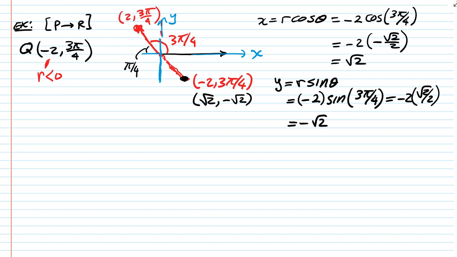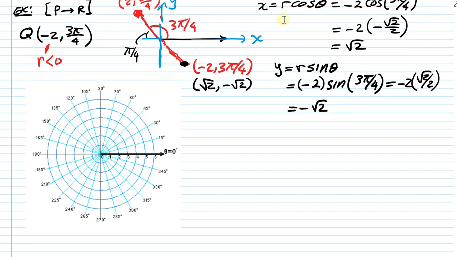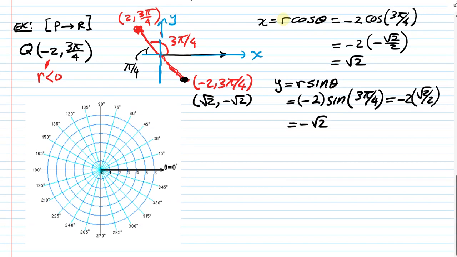Okay, now let me bring my clean, nice coordinate system, and I'll do the same thing I plotted on the nice coordinate system. Okay, so here I have my clean coordinate system, nice and much better than the one I do by hand. So the point, again, let's plot the point 2 and 3 pi over 4.